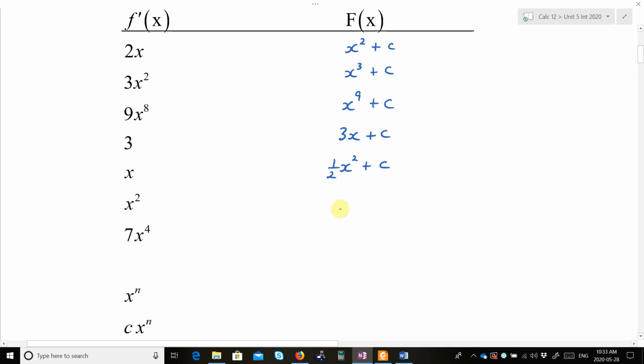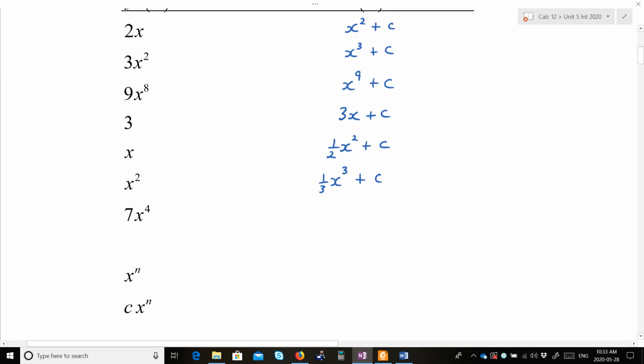If the derivative is x squared, the original function would be x cubed with a 1/3 in front plus c. If the derivative is 7x to the 4, we'd have to have x to the 5 with a 7/5 in front.